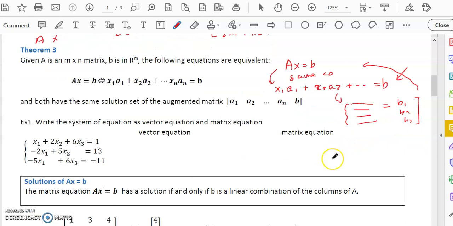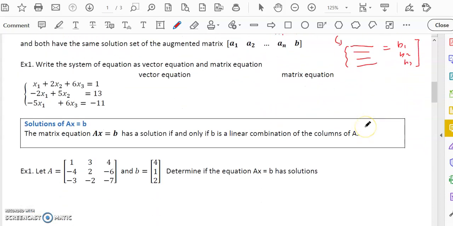So I have an example here. If I see a system of equations, remember we can write it as a vector equation, right? You can write it as, okay, x1 times a vector of 1, -2, -5. That is all what we learned in 1.3, right? If you don't know what it is, look at 1.3 again. And it's the same as having a vector of 2, 5, 6.